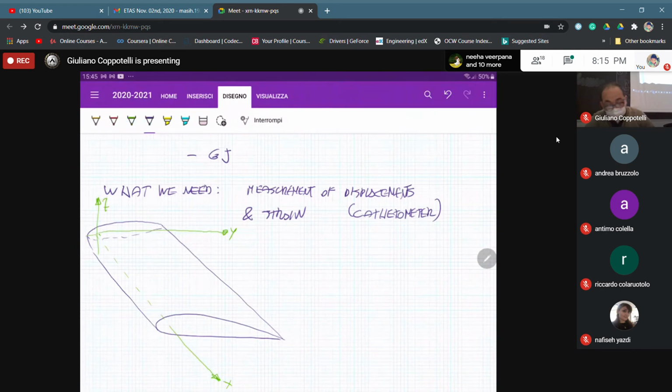We are assuming that the shear center is somewhere, I don't know, but we have to find out the place. 1 and 2, so this is the shear center position, and we are having a static loading, for example, this one. Because of this static loading, and because generally speaking the force line is not passing through the shear center, the result of this external loading is that this slender structure is bending and rotating because of torque.